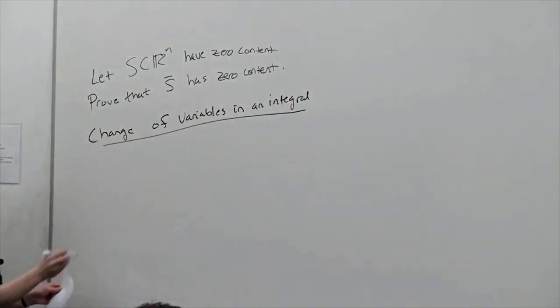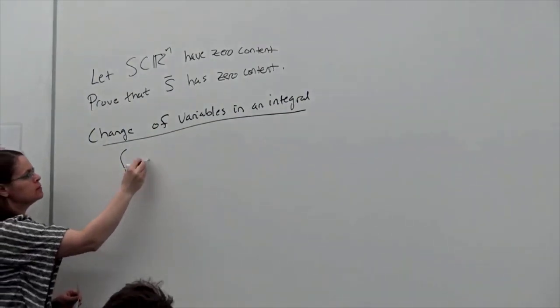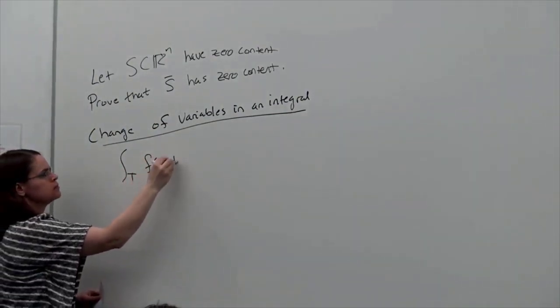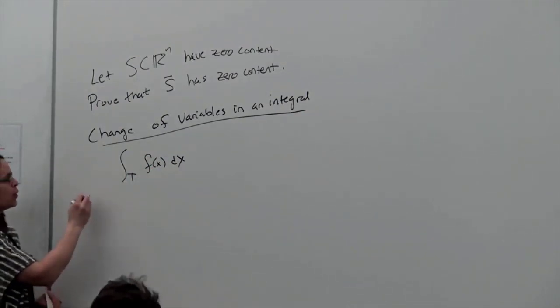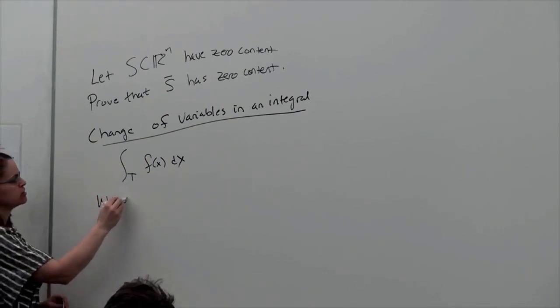All right, so we're trying to do an integral over some set. And we don't really like the variables that we're integrating over. So we say we want to make some kind of substitution.